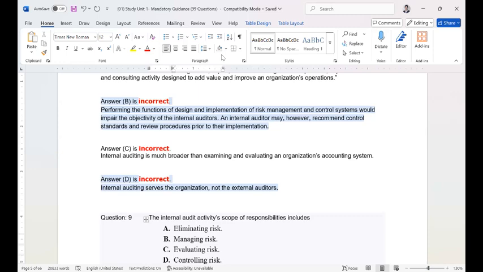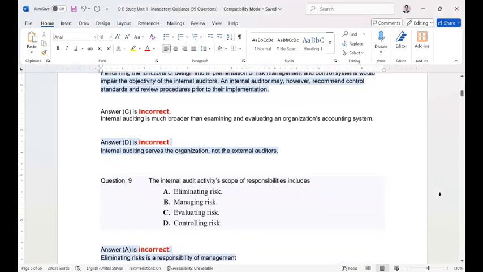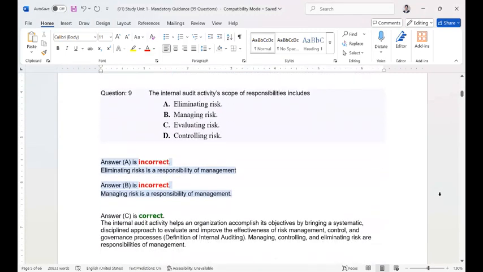What do you think? Let's see. Eliminating risk, managing risk, controlling risk, all are management functions. Maybe we can evaluate. Managing is definitely out. Eliminating, we don't eliminate risk. We can recommend something and management may decide to avoid some activity which results in the risk.